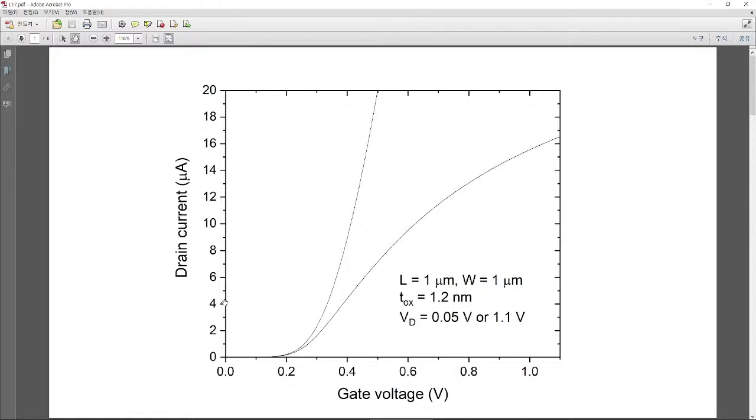Good, but you can also find a severe deviation from just a linear expression. What we expect is just a line like this. But why do we have this reduced current?